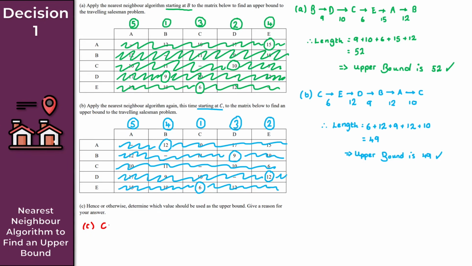So choose 49 as the upper bound. And what is the reason for that?